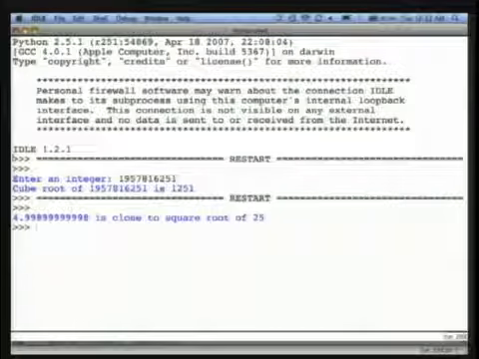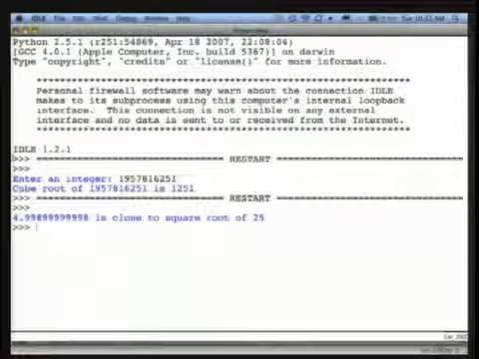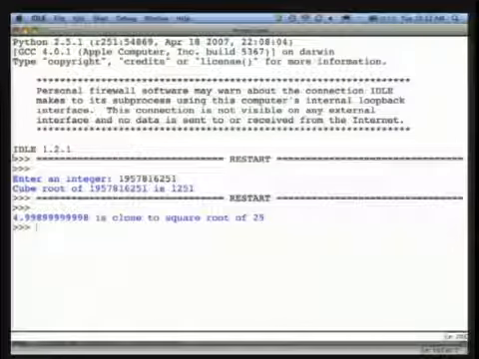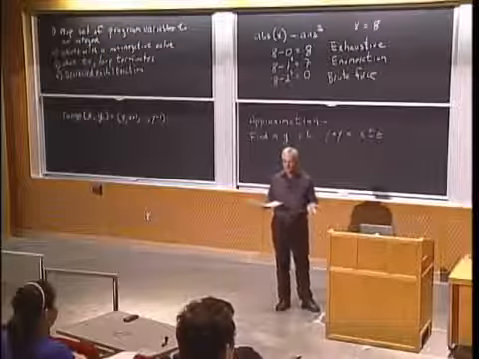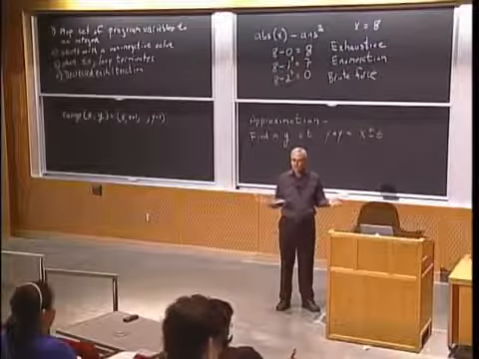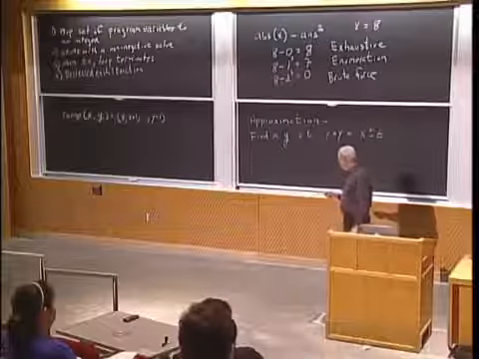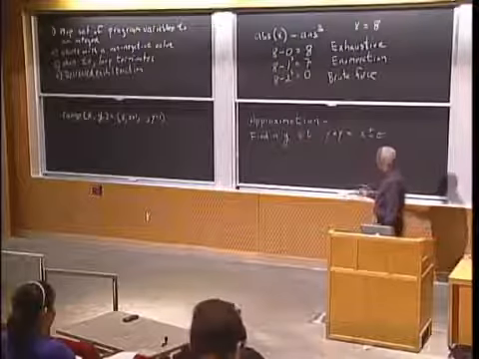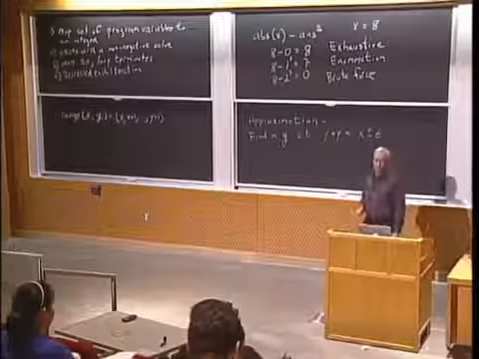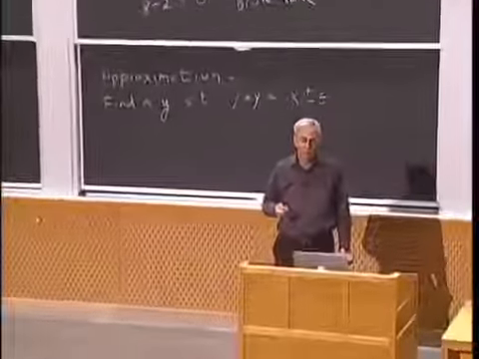So there's some things to note about this. First, it didn't find 5. 25 happens to be a perfect square, yet I didn't find it. Is that okay? Yeah, because that wasn't what I said. What I said is, find a y that has these properties over here. And I did. I didn't say find the y that gets closest to the square root of x.